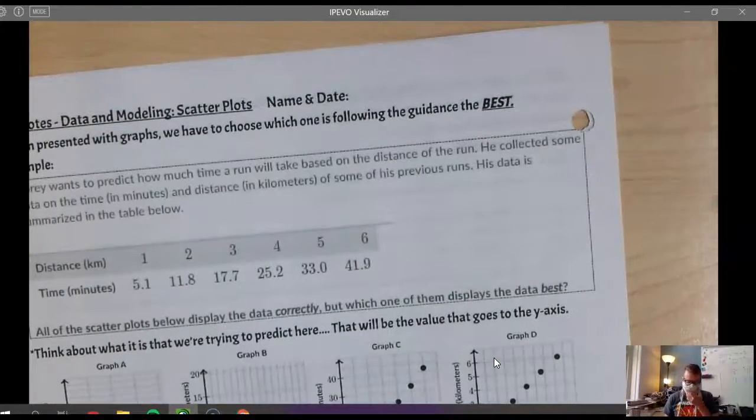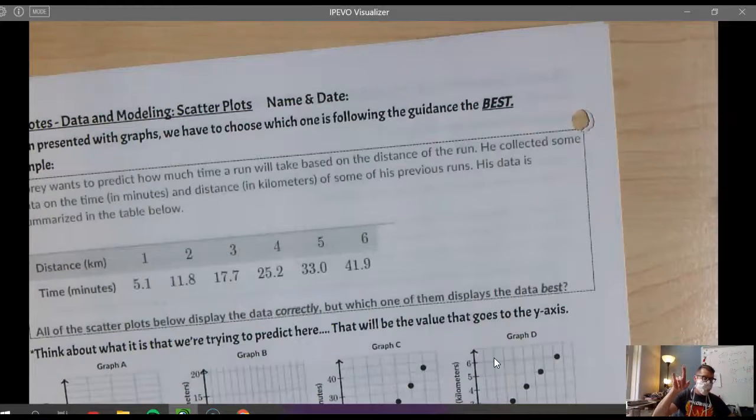So here's where we get into, it's not right versus wrong, it's which one is the best. Because all of these graphs technically accurately show the data. It's which one would be best, and there are really two options here.